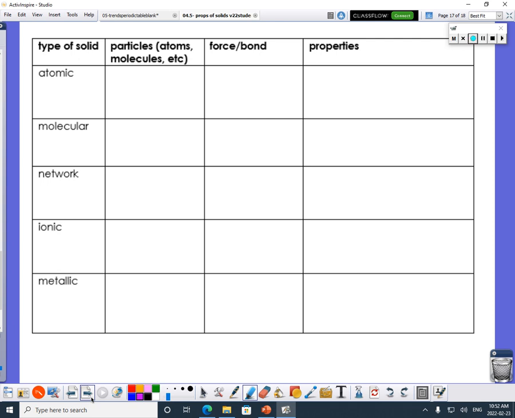No, I'm really trying to make it as concise as possible because really the note is kind of paragraphs, right? So let's summarize the ideas. So for atomic, then you have atoms. Whoa, do not use a highlighter.